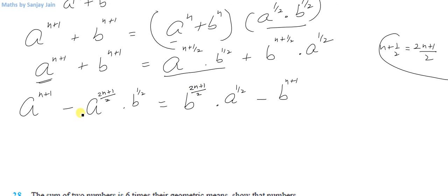What I'll do here is I will take a raised to power 2n plus 1 outside, right?